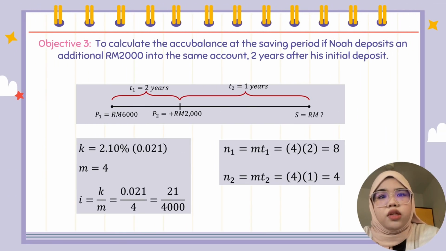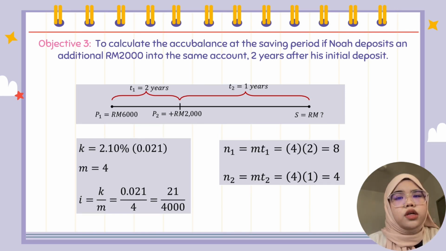Objective 3, to calculate the accrued balance at the end of the saving period if Noah deposits an additional 2,000 ringgit into the same account 2 years after his initial deposit. K is 2.10%, which is 0.021. M equal to 4, I equal to K over M equal to 0.021 over 4 equal to 21 over 4,000.